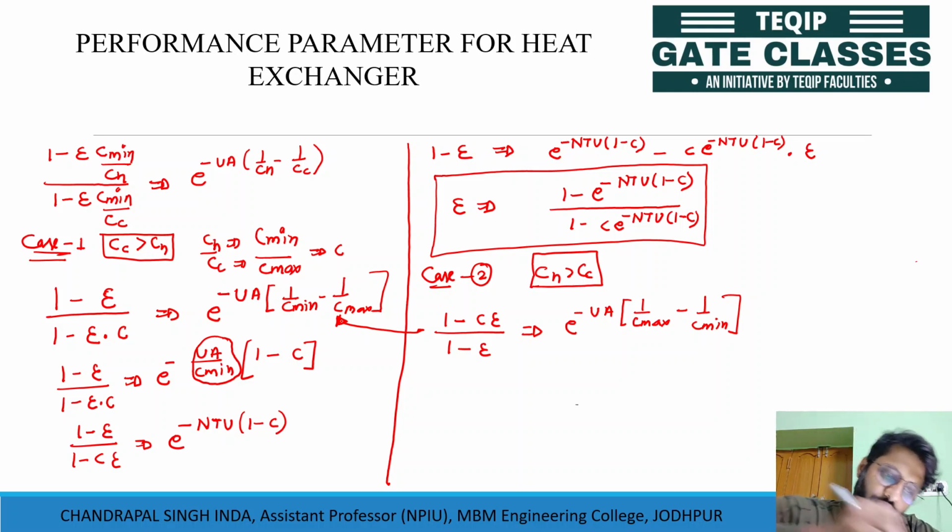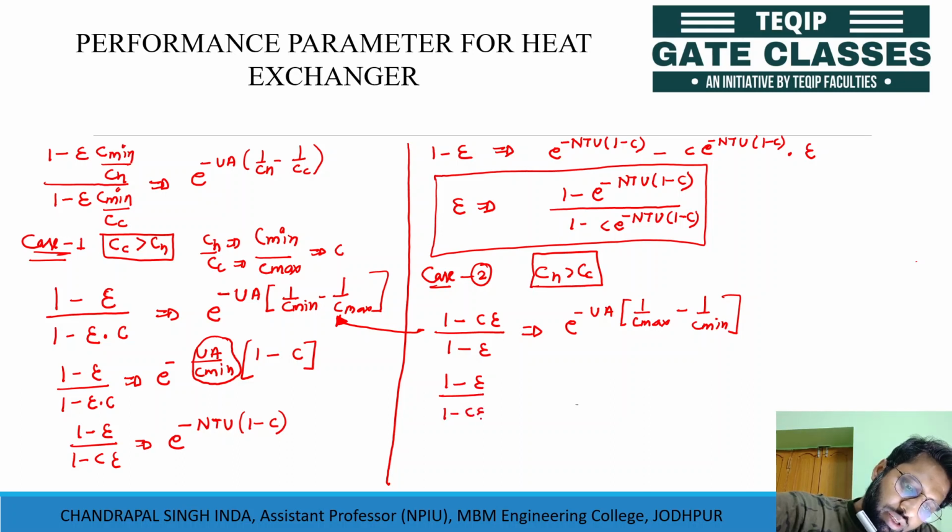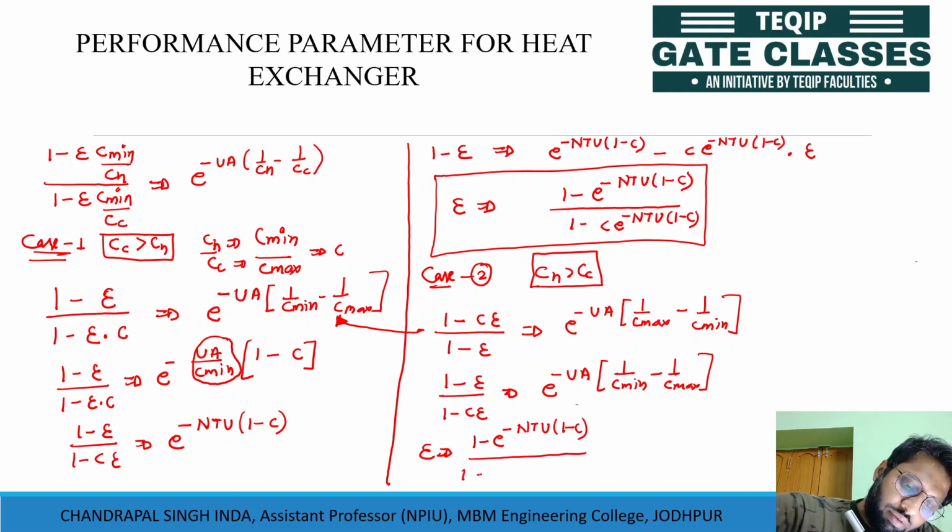So if we reciprocate this, we will have 1 minus C times effectiveness equal to e to the power minus UA (1 by C minimum minus 1 by C max), and the value of effectiveness will be equal to 1 minus e to the power minus NTU (1 minus C) divided by 1 minus C e to the power minus NTU (1 minus C).